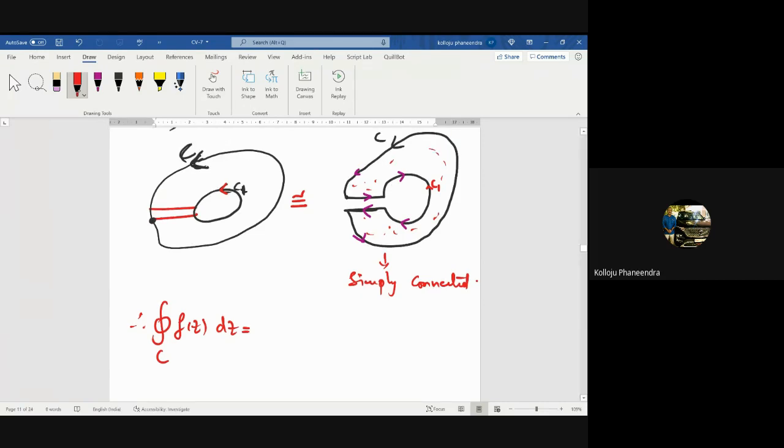along the doubly connected region. What is this C? Doubly connected. I'm writing first thing, first point. Let me consider points here.